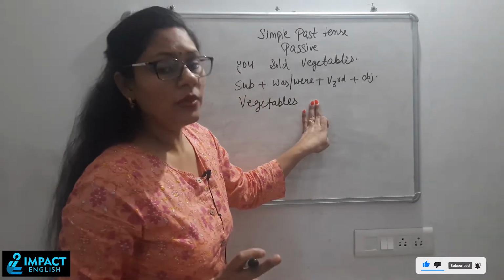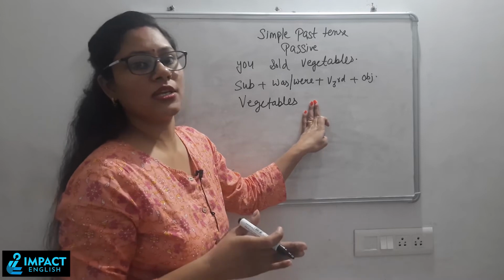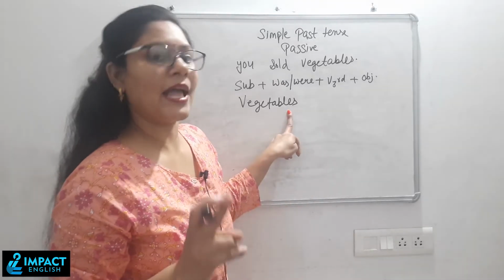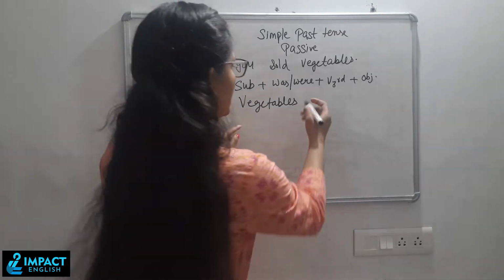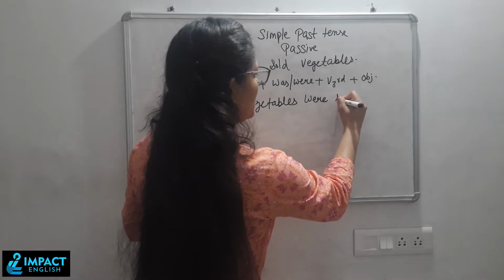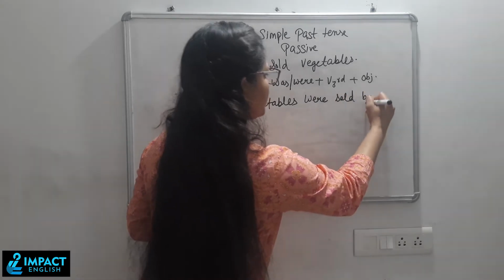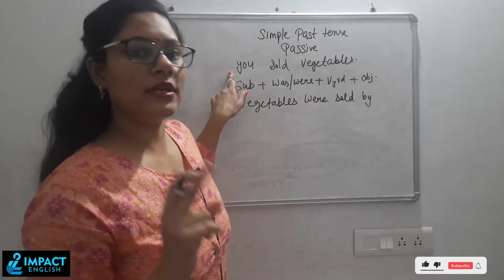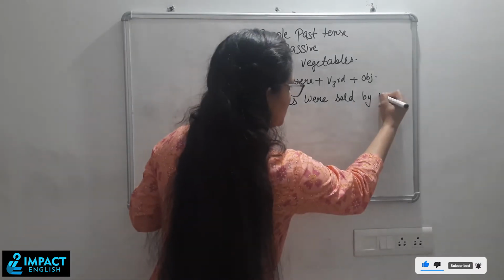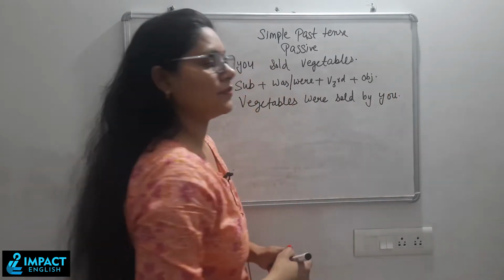Here the helping verb will be according to the subject. Means here vegetables, a plural thing is given, that means we will use were. So vegetables were, then third form will be sold by you. You doesn't change, it remains the same. So vegetables were sold by you.